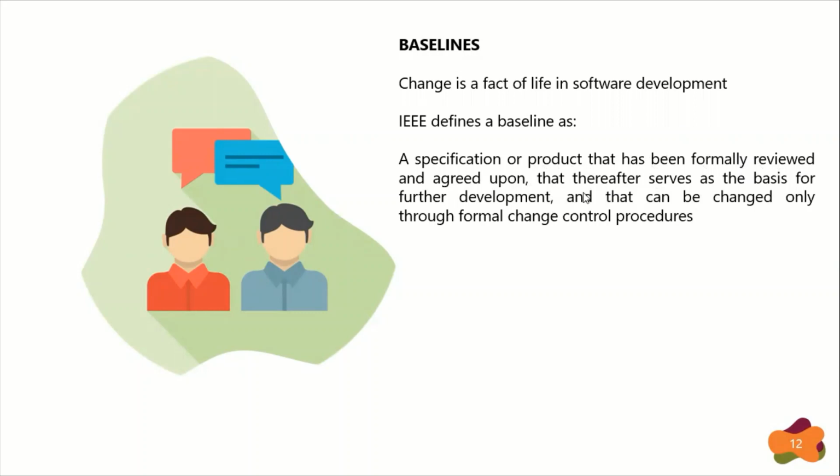It is agreed by everyone and it becomes a basis for future development. Further, any changes can be made to that version only through formal change procedures. So if we have 1.0 and you want to introduce new changes, for example 1.1, that can only be done through formal change control procedures. So we have to follow some procedure here to add new versions.